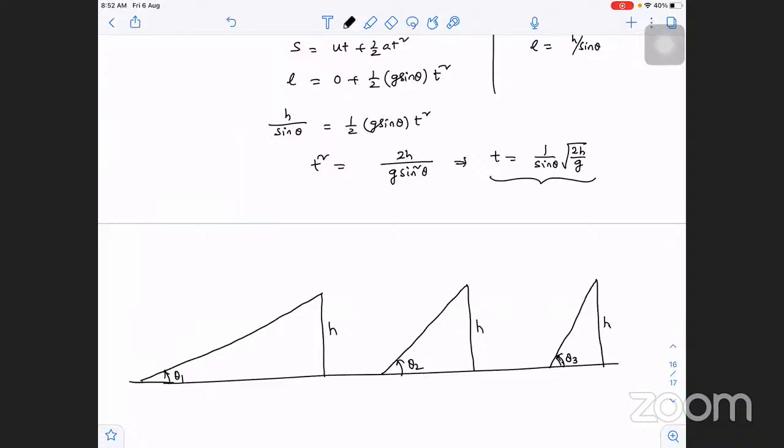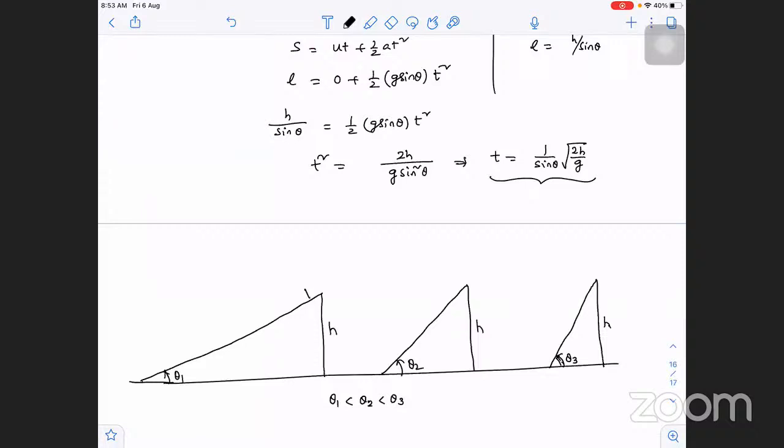Very small angle. Theta 1 will be least. Okay, yes, correct. So theta 1 is less than theta 2, less than theta 3. So as you go right, the slope value is increasing.